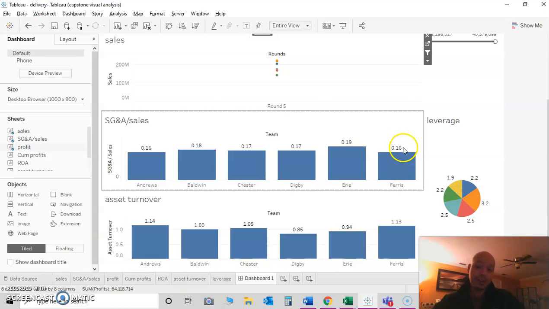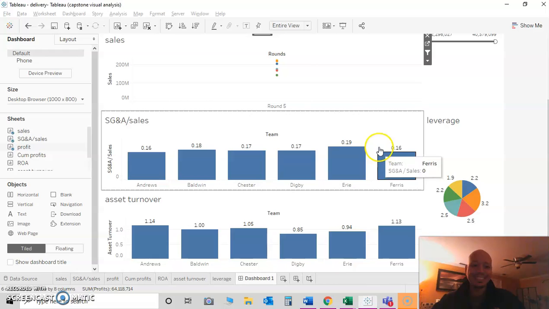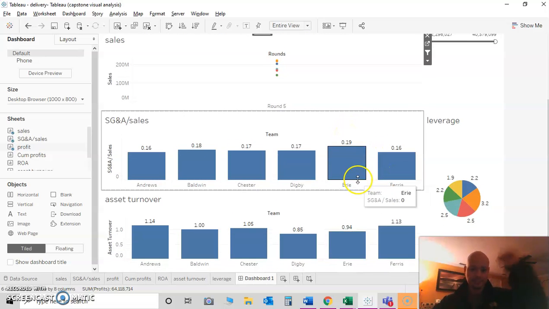So just for period 5, we can now look at this ratio as a percentage. So basically Ferris is spending 16 cents of expense for every dollar of sales versus 19 cents for every dollar of sales. So that's a 3 cents difference for every dollar of sales, and this really builds up, which again explains the deviation of the profits at the top.